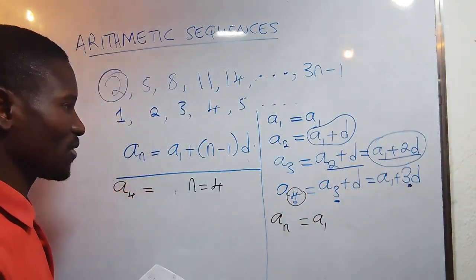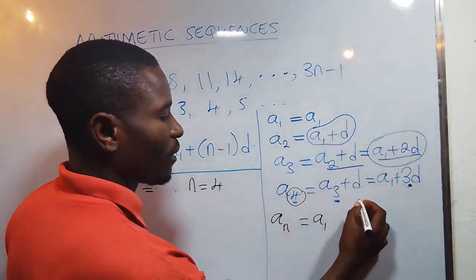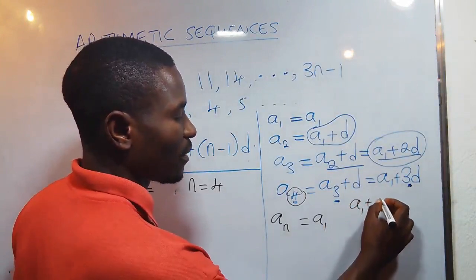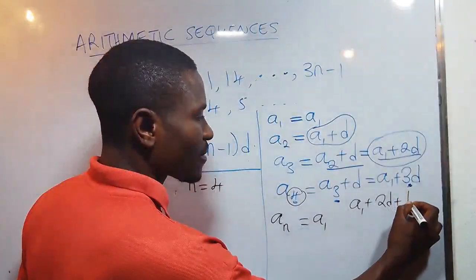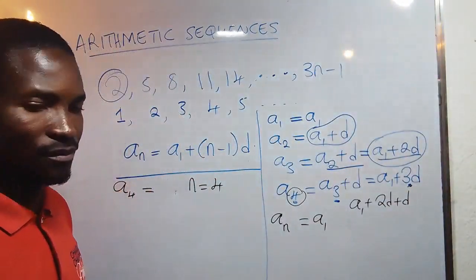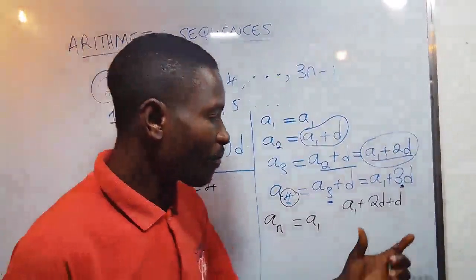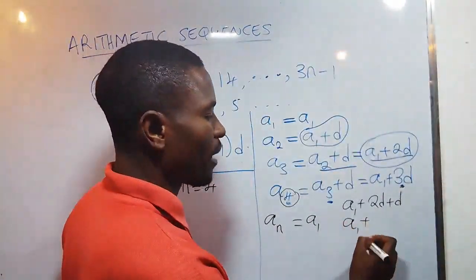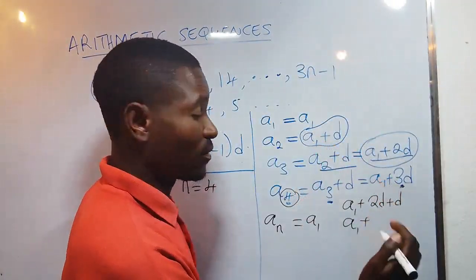So this simply means that if I can simplify this part, okay, A1 plus, I can say 2D plus D. Now, what is happening there is that A1 plus, now, D and D is common, okay? D and D is common.